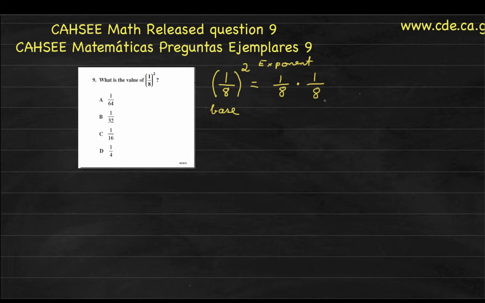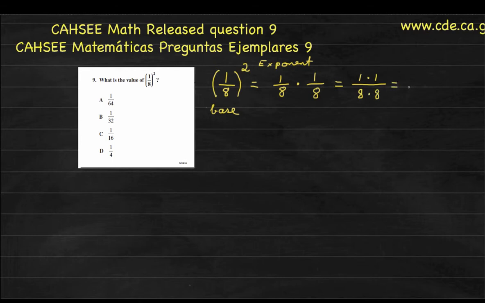And now what I need to do here is multiply two fractions, which is very simple. When you multiply two fractions or any number of fractions, you multiply the numerator times the numerator, the denominator times the denominator. For this expression, I multiply 1 times 1 for the top number, and 8 times 8 for the bottom number.